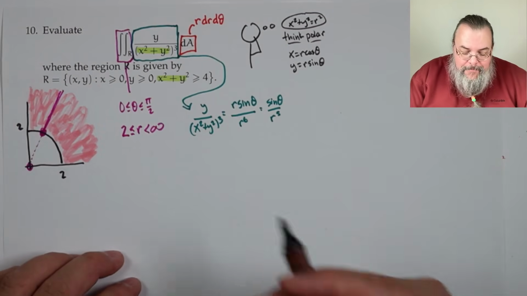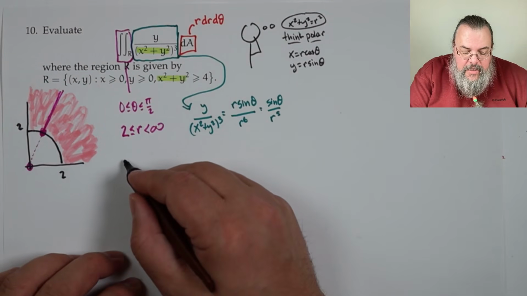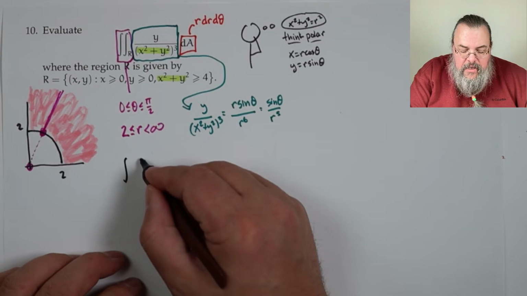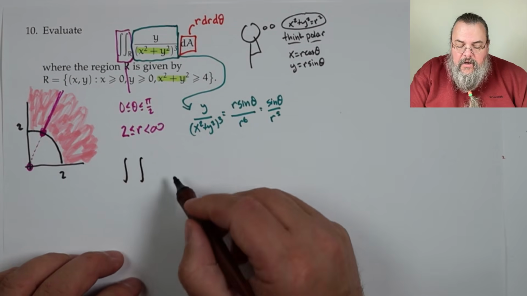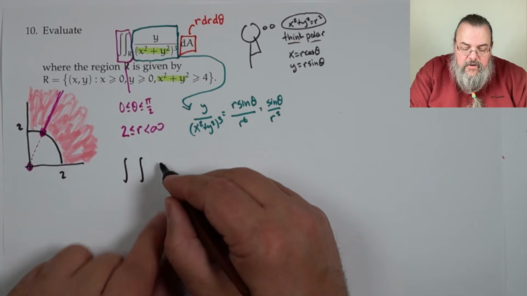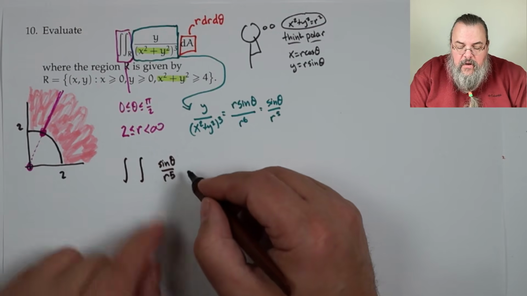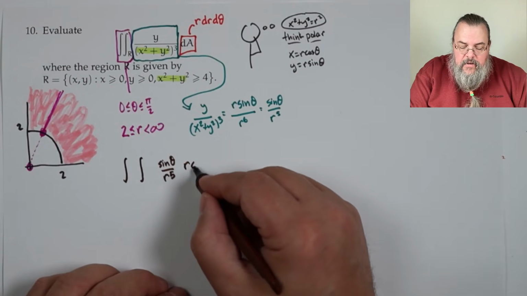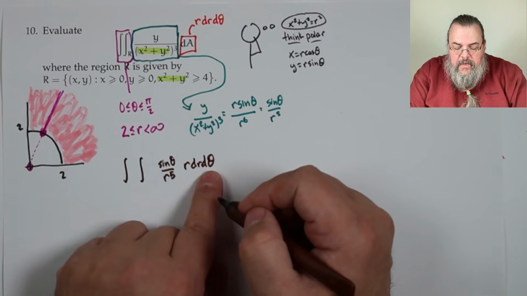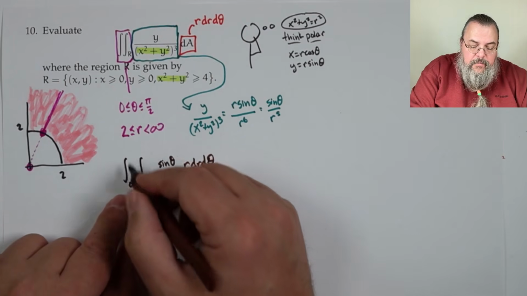Let's put it all together. So we get an integral, our function, sine theta over r to the 5th, r dr d theta. Theta goes 0 to pi over 2.